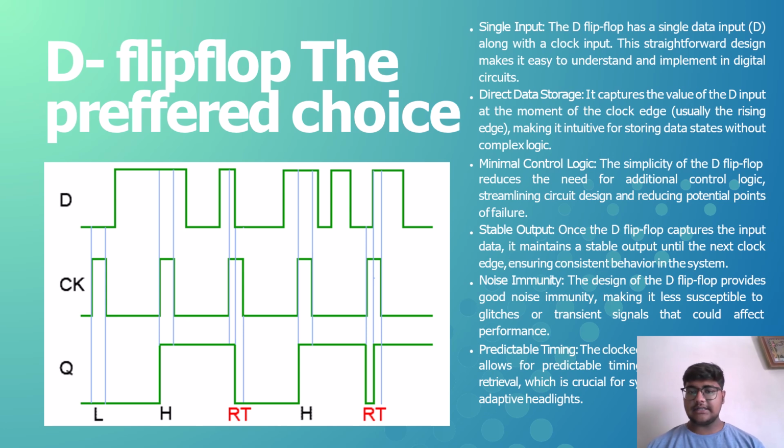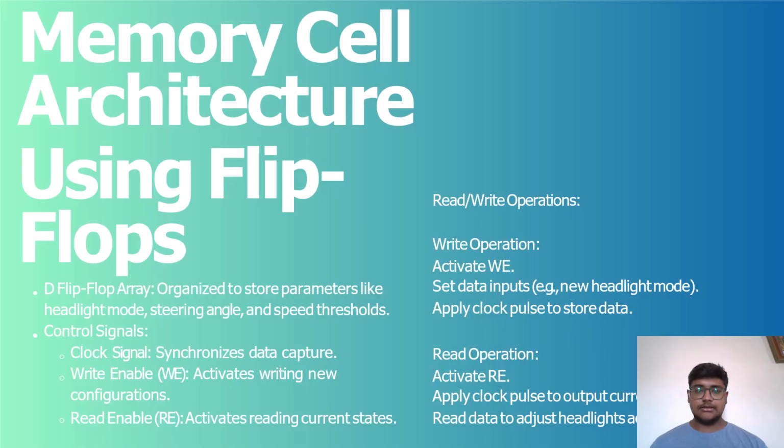They have direct data storage and minimal control logic, because D flip-flops are simple and they reduce the need for any additional control logic, streamlining the circuit design and reducing potential points of failure. A D flip-flop catches the input data and maintains a stable output until the next clock edge, ensuring consistent behavior in the system. D flip-flops have noise immunity, and they have predictable timing.